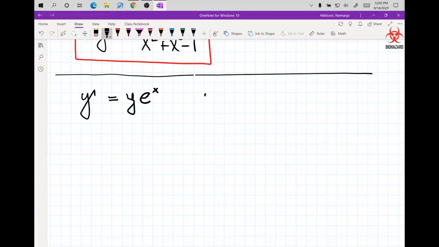And then y of 0 equals 2e. All right, try that problem.